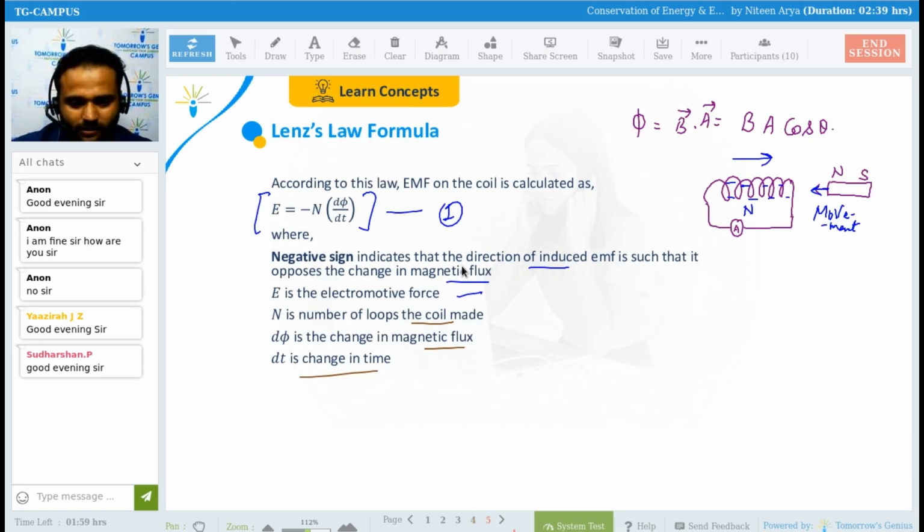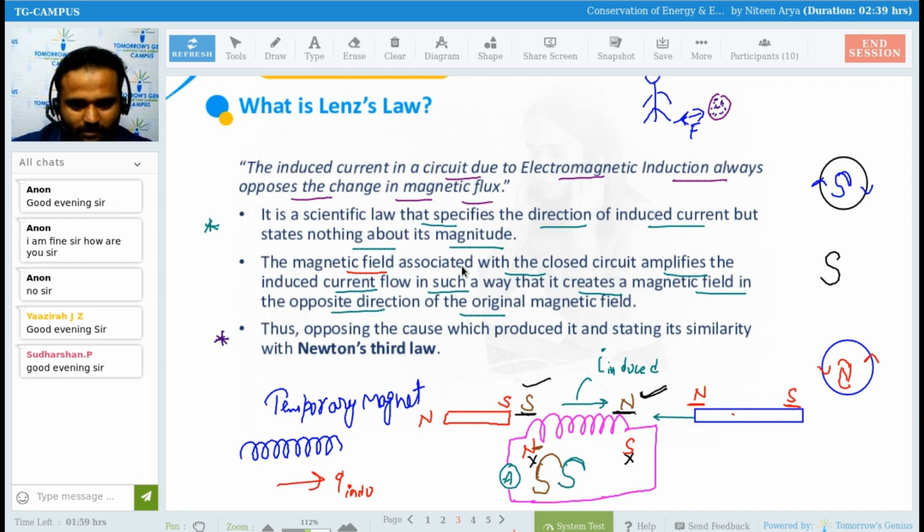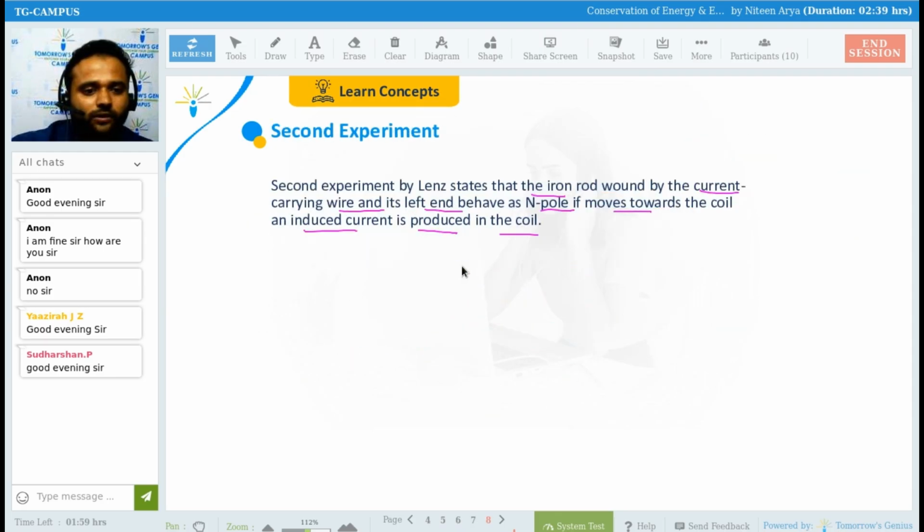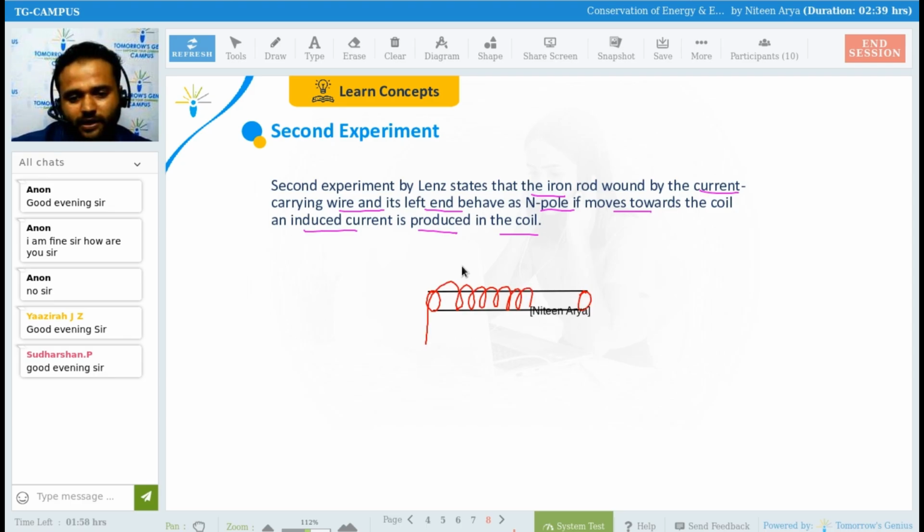More importantly, on this particular page I can tell you, suppose there is an iron rod, and I wind wire on this particular iron rod.